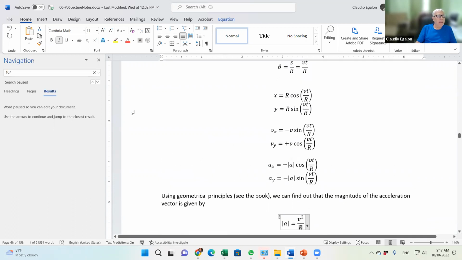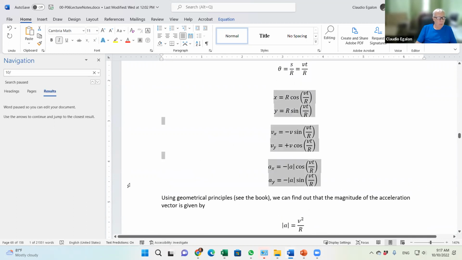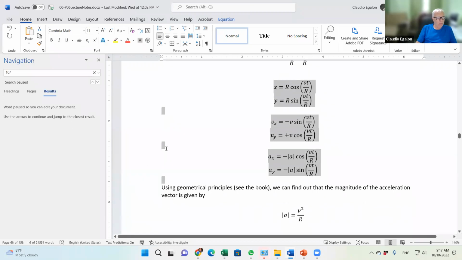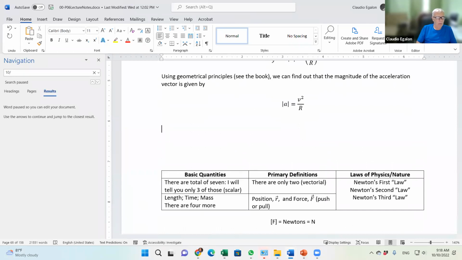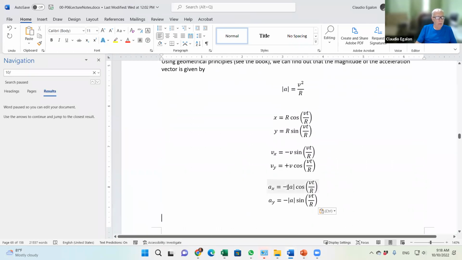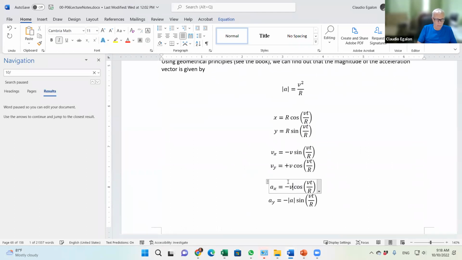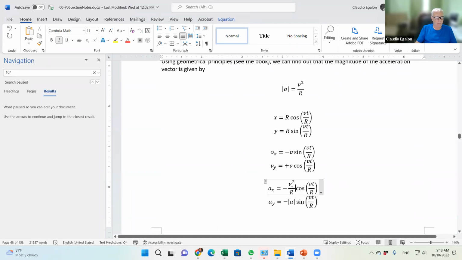And now we finally have our equations of motion for a particle undergoing uniform circular motion. You go, v squared over R, v squared over R. Is that easy enough to memorize?